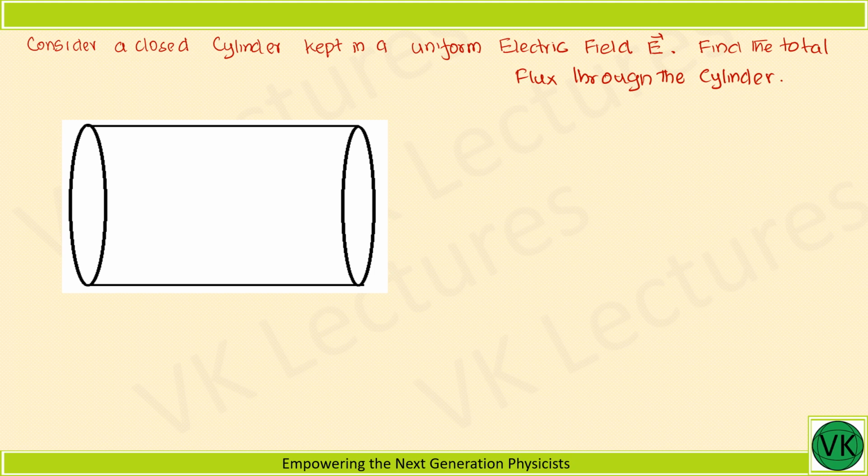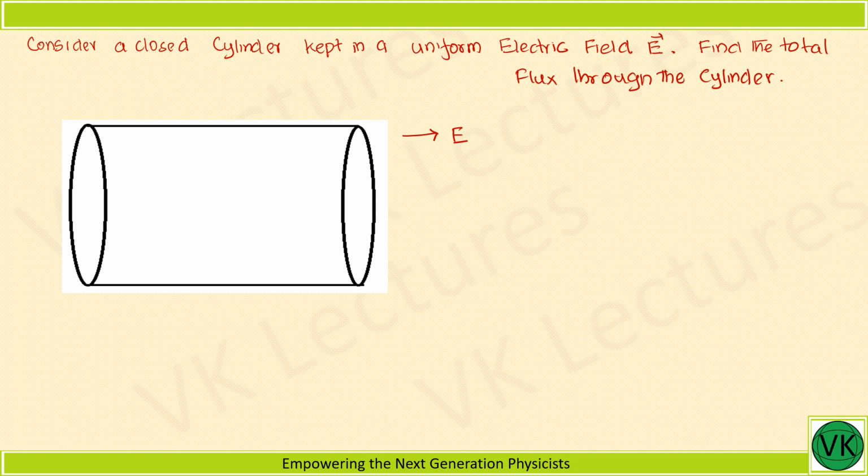Now here the electric field is moving in this direction, so this is what we have to assume here. Now we need to find the area and the total flux.